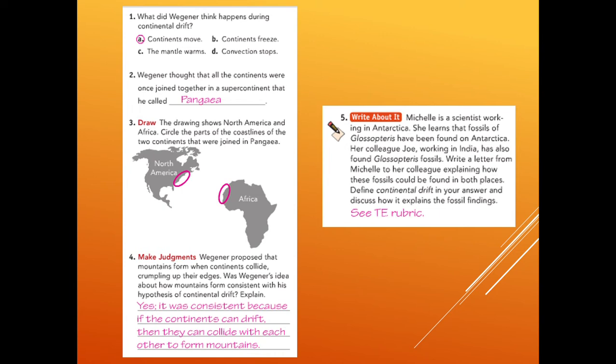So once the continents started to move and separate, some species remained in the same portions of ground, but they were separated by continental drift. Okay, so that is how you can explain that you found the same fossils in different continents.